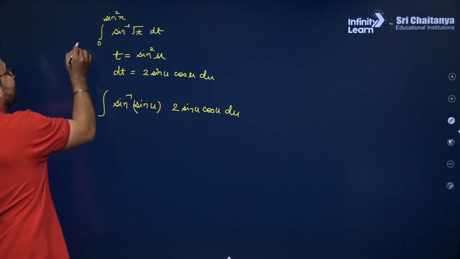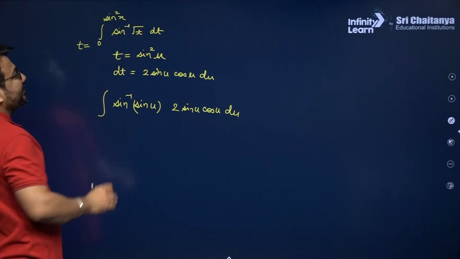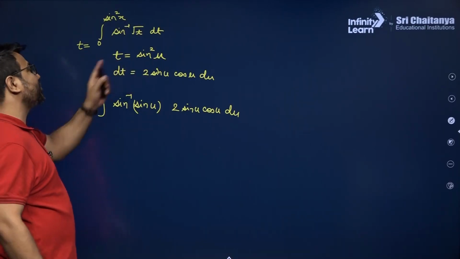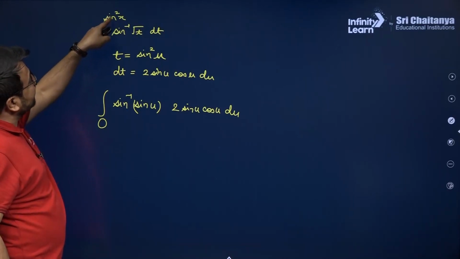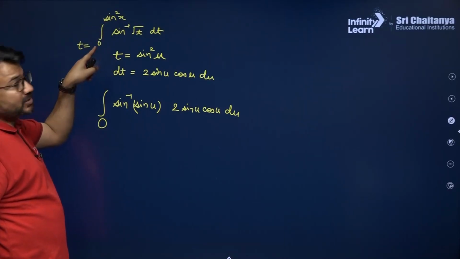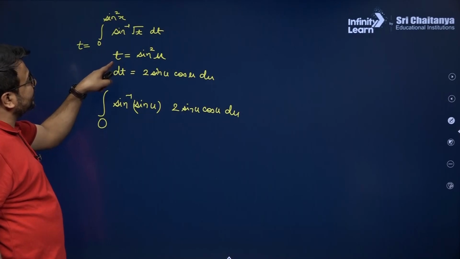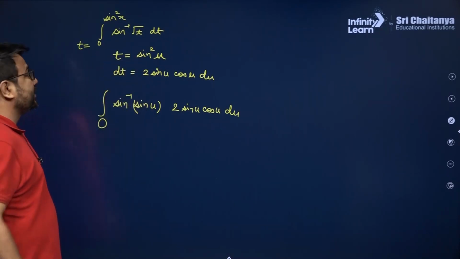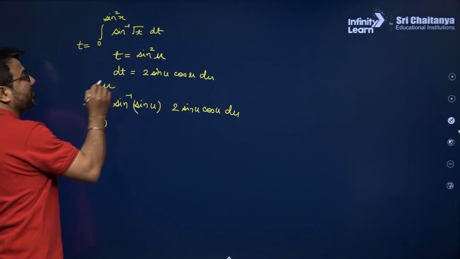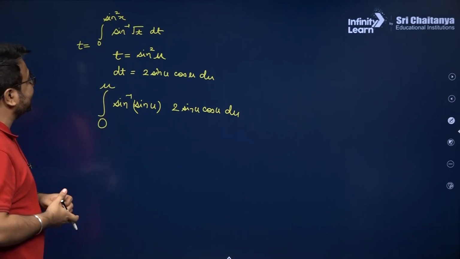These are the values of t given to you. If I place t as 0, then sine square u will be 0, so u will also be 0. If t is equal to sine square x, then sine square x is equal to sine square u, so this will be from 0 to u.